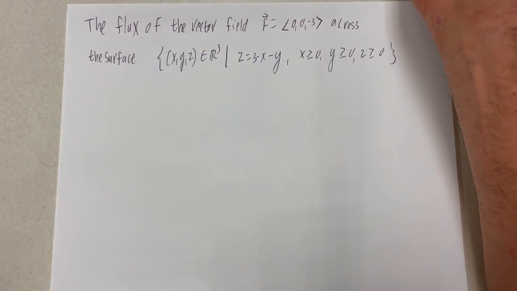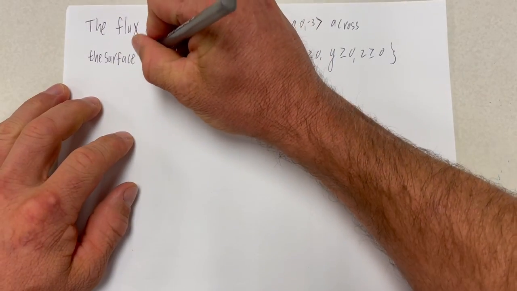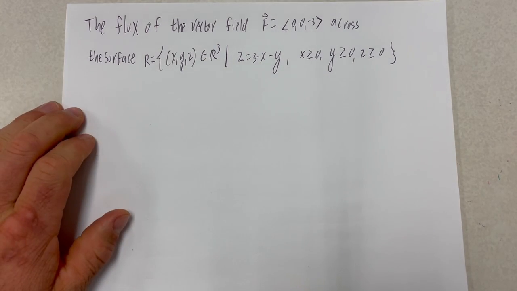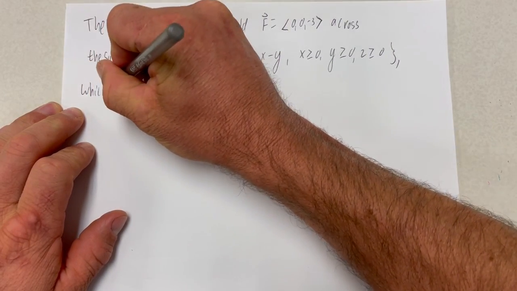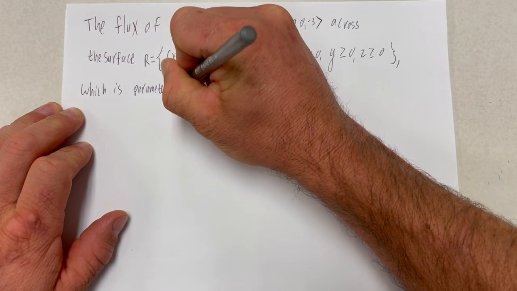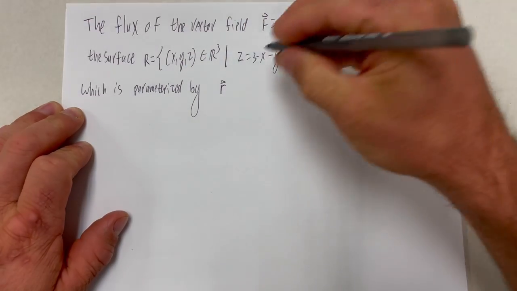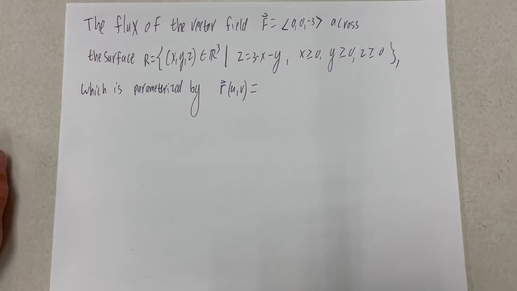I can nickname it whatever I want. I often go with R for a region or S for a surface. That's fine. I'm just going to go with R for a region. Okay. Now I'm going to make a parenthetical remark, which is parameterized by the function R, a function of two variables, u and v, since we need to have a two-dimensional surface here.